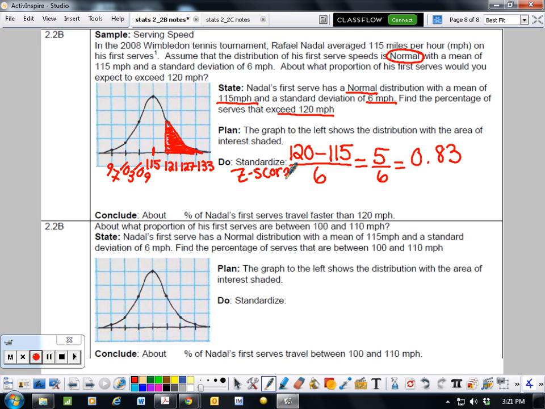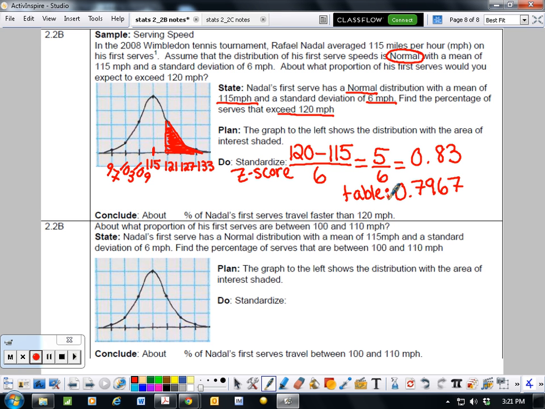Now I need to go to my table and find the z-score of 0.83. From my table, I got 0.7967. And now I'm going to change that to a percentage.